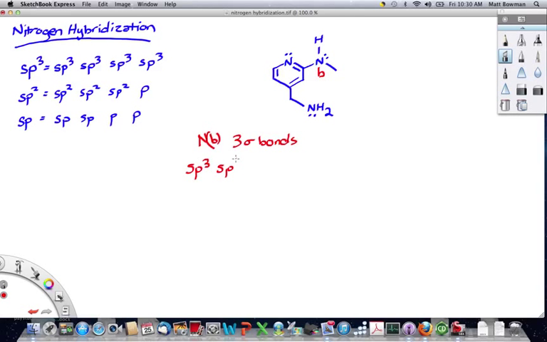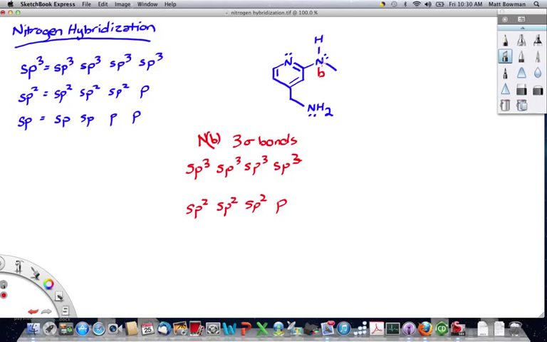So the only two options that have at least 3 hybrid orbitals are sp3 hybridized or sp2 hybridized. Trying to decide between these two is not a case of thinking about simple geometry. In this case, what we have to think about is looking at what these sigma bonds are to. In most of the cases, if that nitrogen is bonded to an atom with a p orbital, then that lone pair will also want to be in a p orbital.